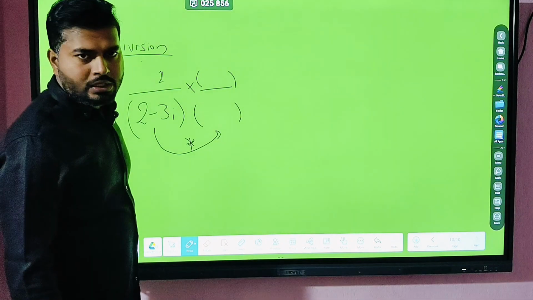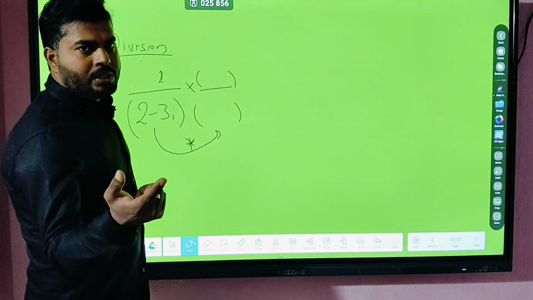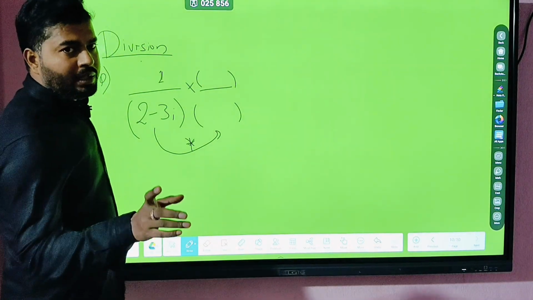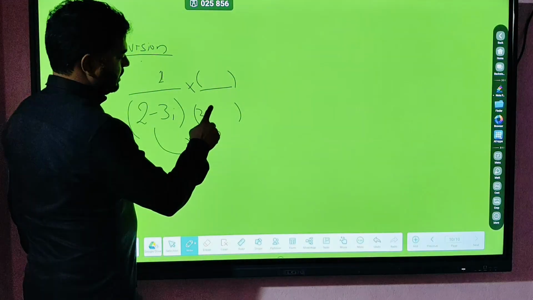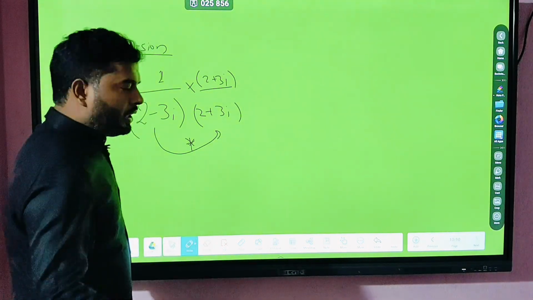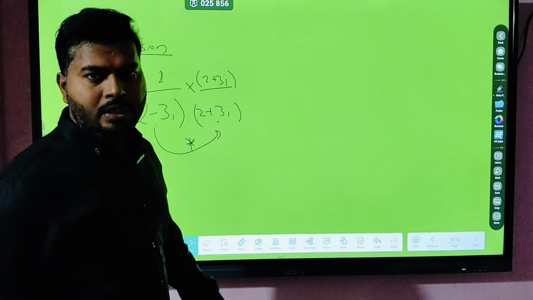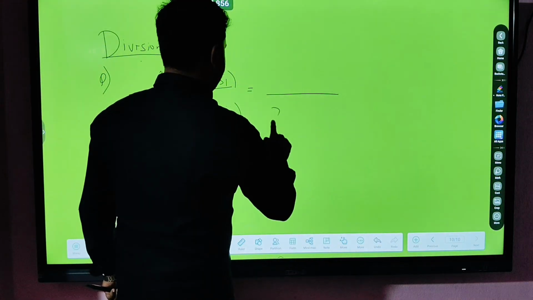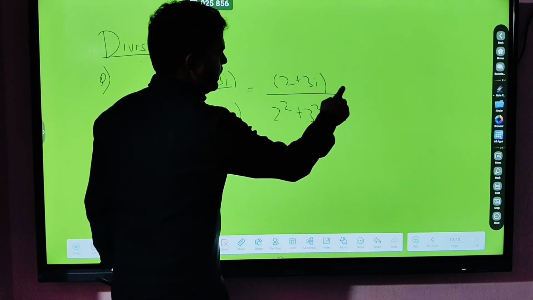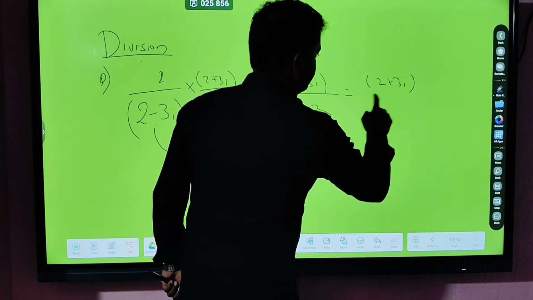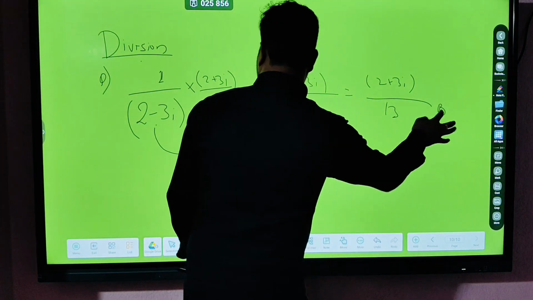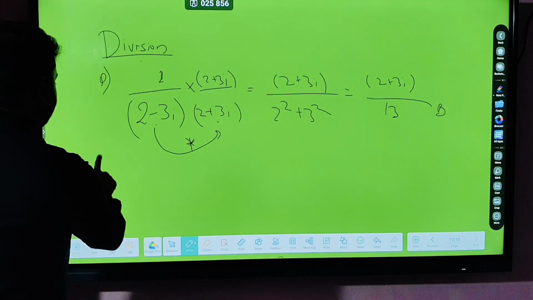In conjugate, we just change the sign of the imaginary part. Not the real part, you don't have to touch it. So 2 will be as it is, minus 3 will be plus 3 iota, 2 plus 3 iota, and just now we learned z into z conjugate is a square plus b square. So that is 2 square plus 3 square, and 1 into any number is that number, so 2 plus 3 iota. So we have 2 plus 3 iota, and 2 square plus 3 square is 4 plus 9, 13. That's the answer.